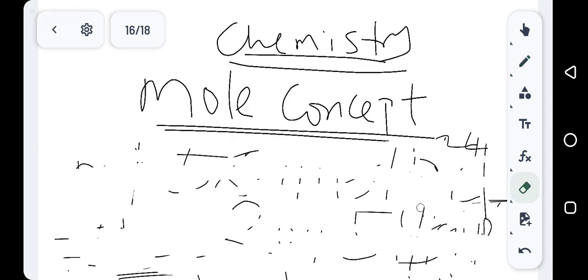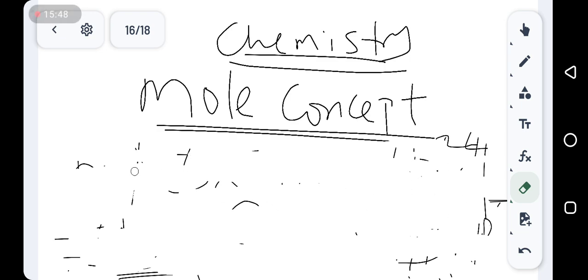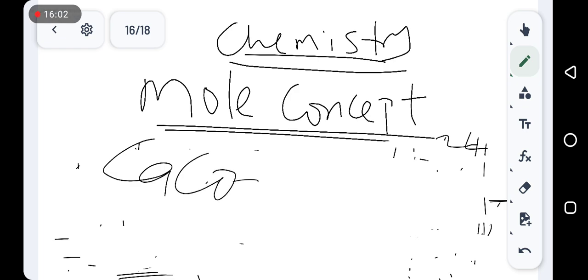Now the next thing we can do, let's see if you can calculate the number of moles from mass. Calculate the number of moles in 250 grams of calcium carbonate. We have calcium carbonate, CaCO3, and the mass of it is 250 grams.